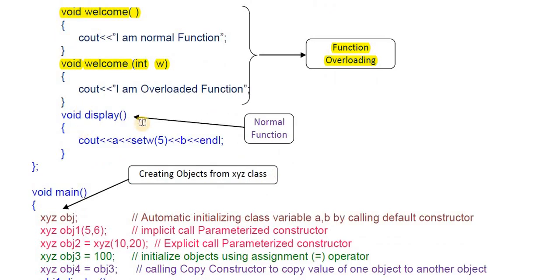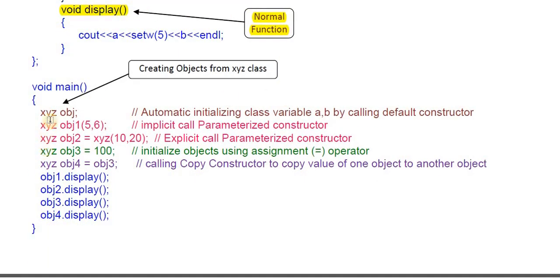So this is also another example of a normal function. Now, what we are doing in the main section: XYZ is the name of the class. From this class we are creating one object, obj.